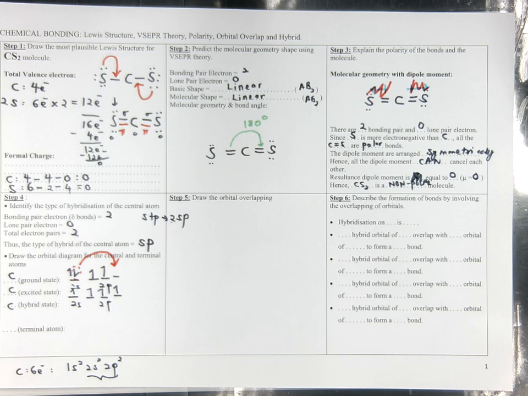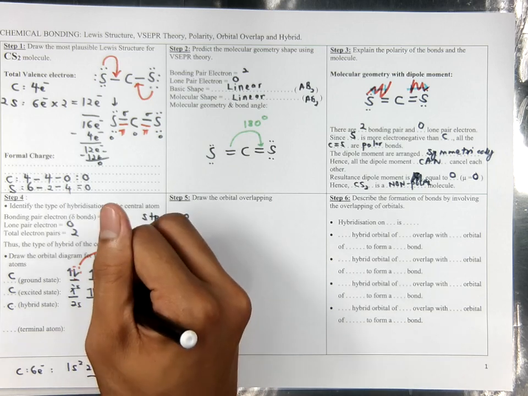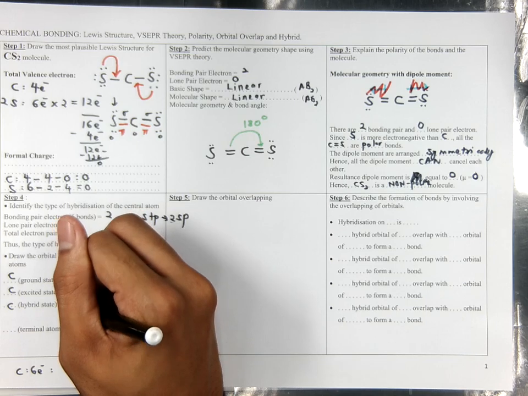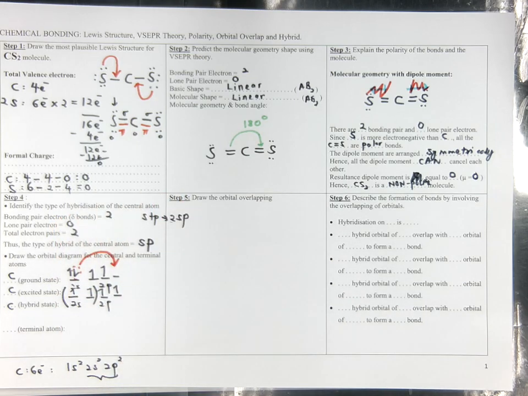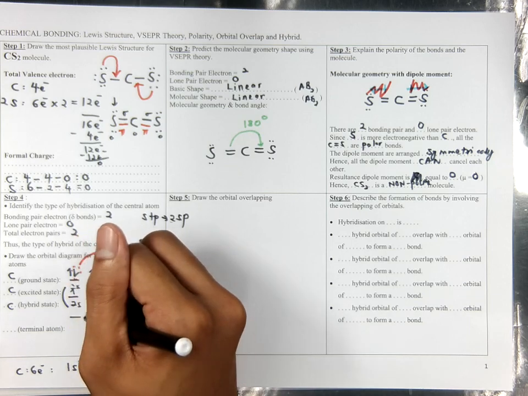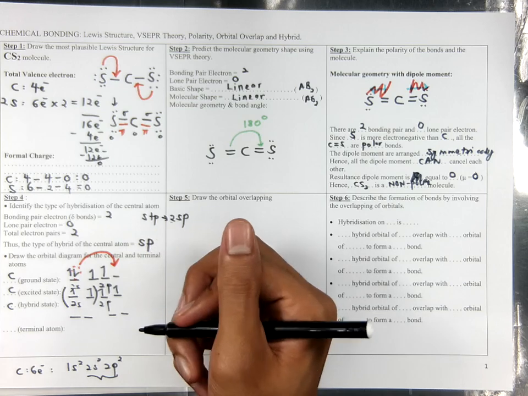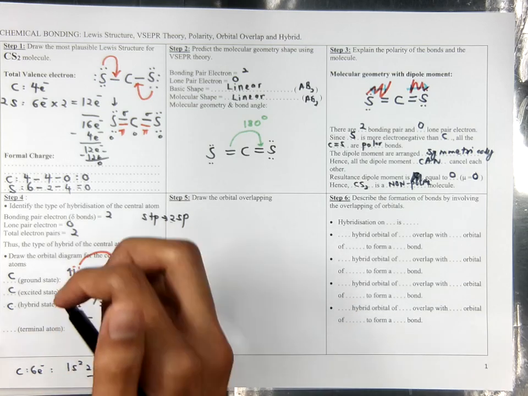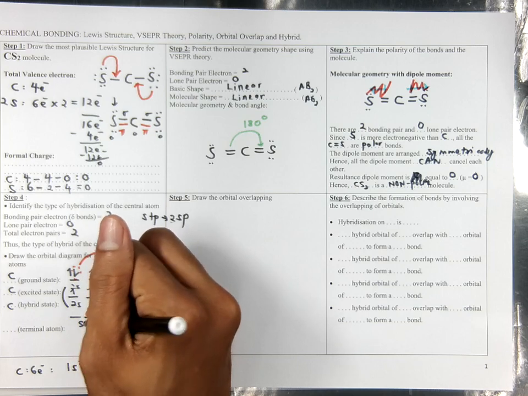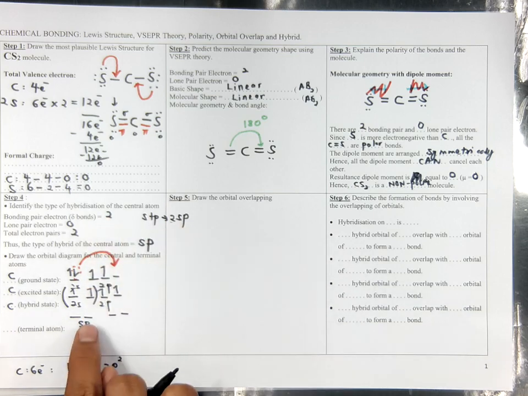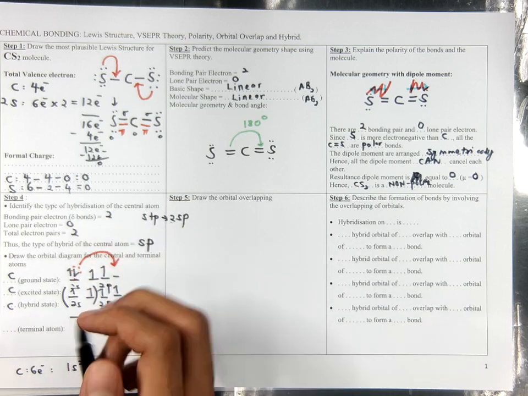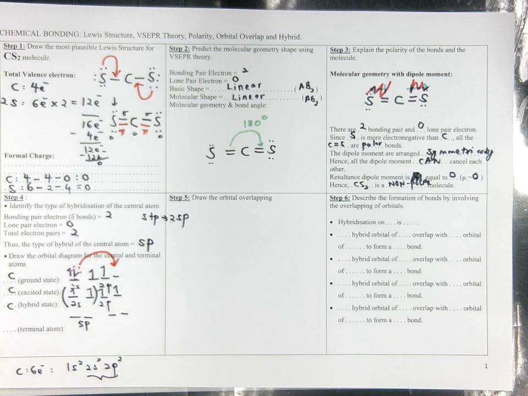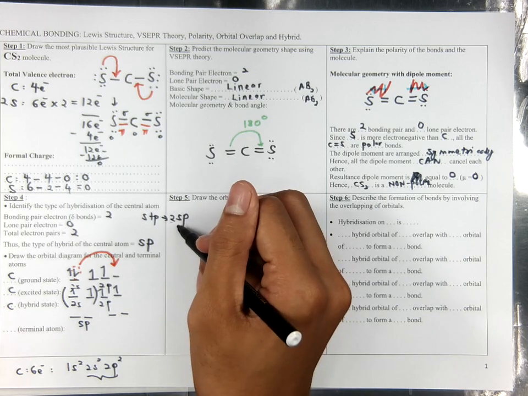Hence, in the hybrid state, we will only combine these two orbitals and leave these two orbitals to make pi bonding. So, when we combine one s orbital with one p orbital, we will get sp orbitals. But we don't get one sp, we get two sp orbitals, as what I show here.